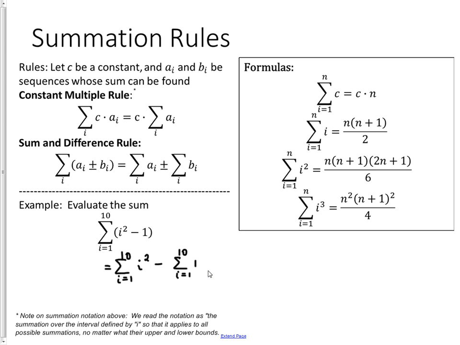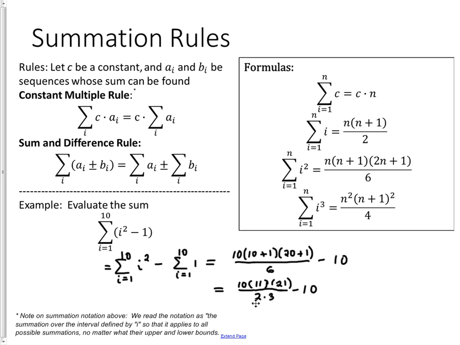So let's figure out what these are going to look like. Looking at the first term of our sequence, we go from i equals 1 to 10, so i equals 1 to n, of n times n plus 1 times 2 times n plus 1, all divided by 6, minus the constant 1 times our upper limit 10 right here. And now it's just up to us to work out these particular values.